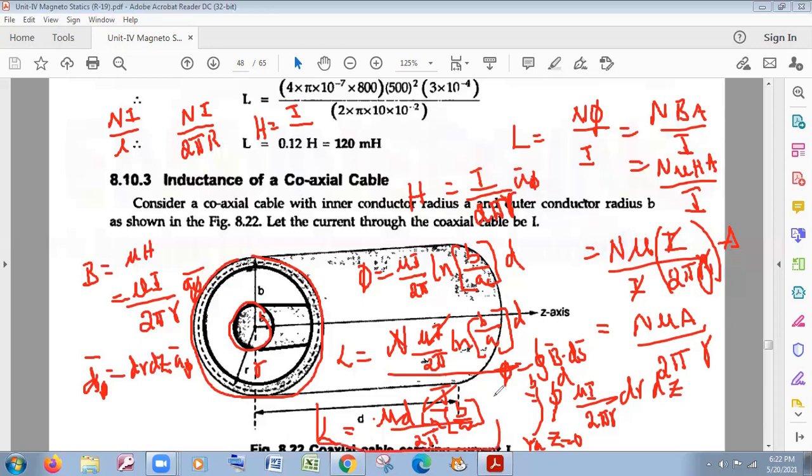So L is equal to mu d ln of b by a over 2 pi; you can consider n as 1. L is equal to mu d ln of b by a over 2 pi. We got the inductance of the solenoid, the inductance of the toroid, and the inductance of the coaxial cable. Okay, my dear.